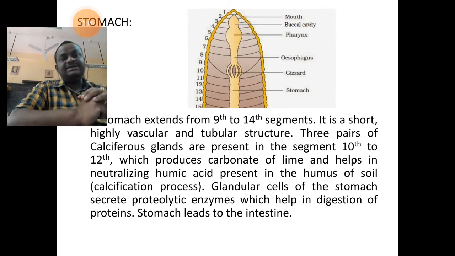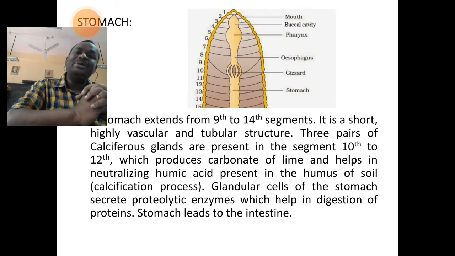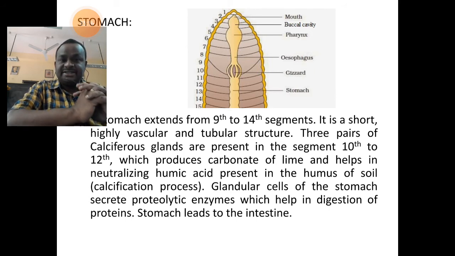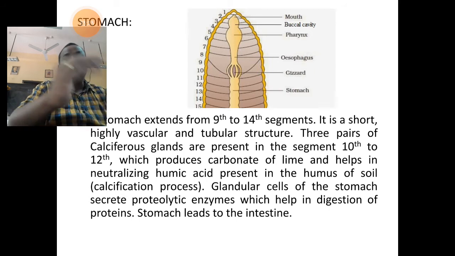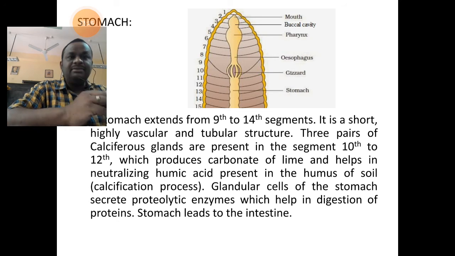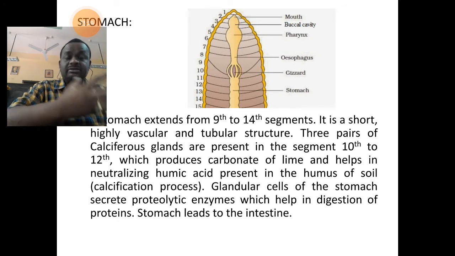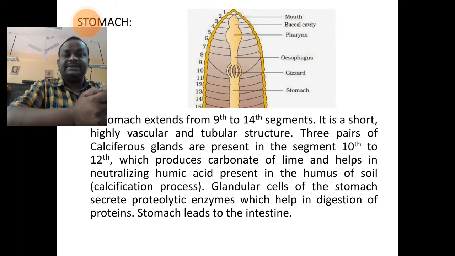Students, stomach is a very short, highly vascular, meaning richly provided with blood vessels, tubular structure that extends between the 9th to 14th segment. So, the 9th to 14th segment includes a thin, narrow tubular structure which is richly provided with blood vessels.